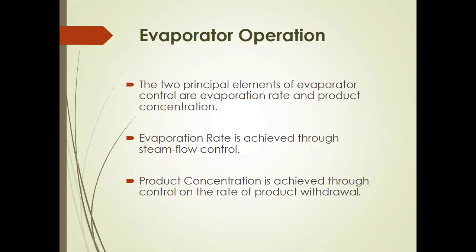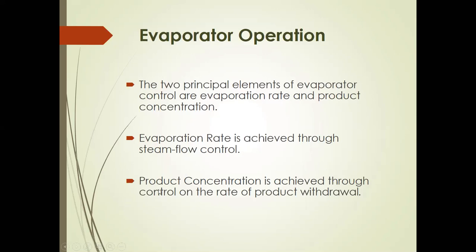So what is the evaporation rate, and the concentration of the product that is withdrawn aside from its quantity, that is the letter L. We can control the rate at which water is vaporized through steam flow control. Since steam is most of the time the heating medium that is used, if we want to properly control the evaporation rate, then we control the steam flow.